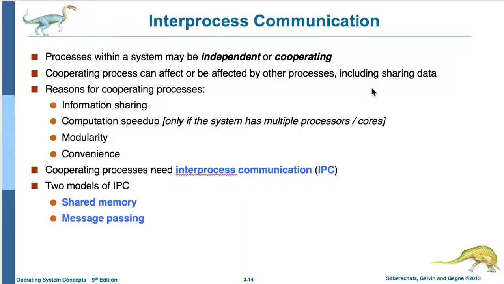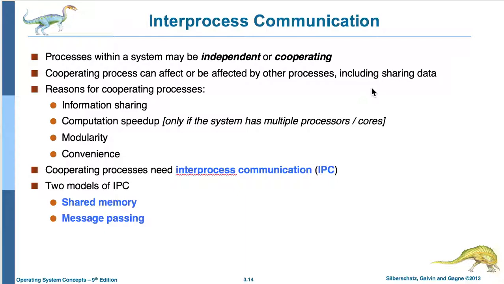Now, there are lots of reasons for having cooperating processes. One is you may have a need as an application developer to have two processes which need to share information with each other. You can also have a scenario where you just want to speed up the performance of your particular application by splitting it up into multiple processes, and then having those processes collaborate or communicate or cooperate with each other.